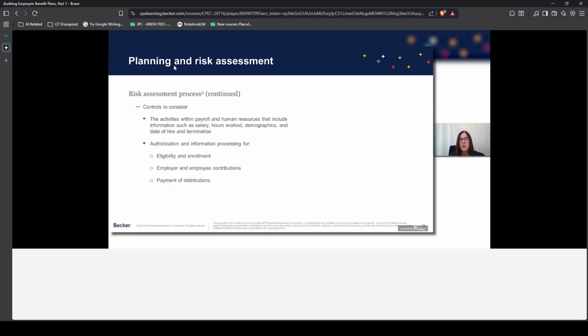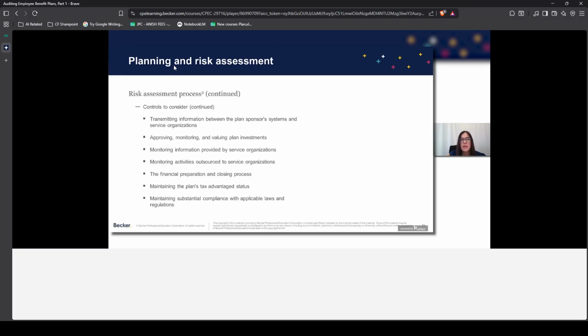So some of these controls to consider do include authorization and information processing, eligibility and enrollment, contributions, distributions, how is information transmitted, who's responsible for approving, monitoring, and valuing plan investments, the preparation and closing process, maintaining the plan's tax advantage status, compliance with applicable laws, rules, and regulations.